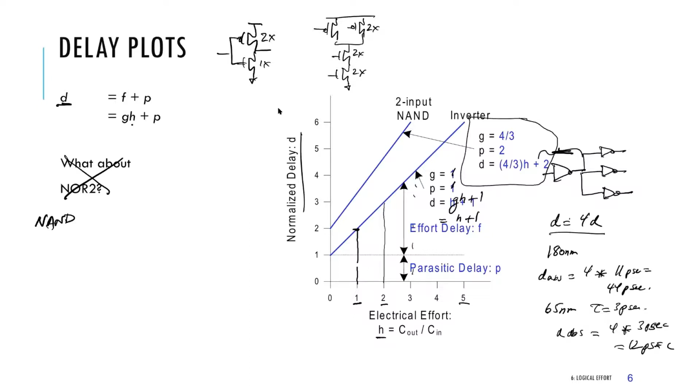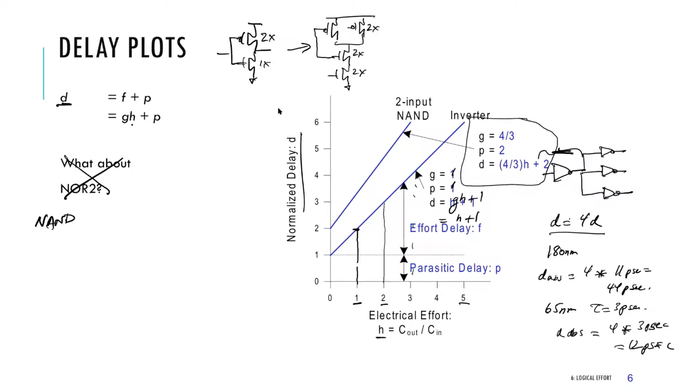This is the first step in coming up with what this model looks like. You basically size it so it has the same drive as a 2x inverter. Then for G, you look at the input capacitance of one of the inputs.